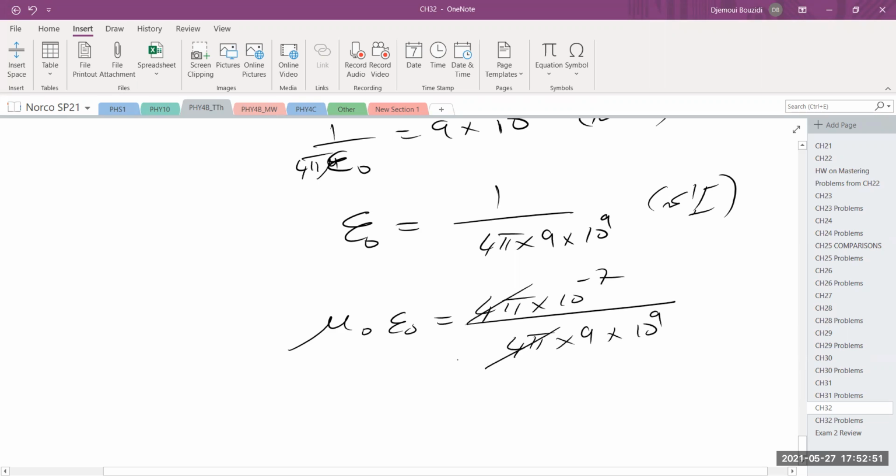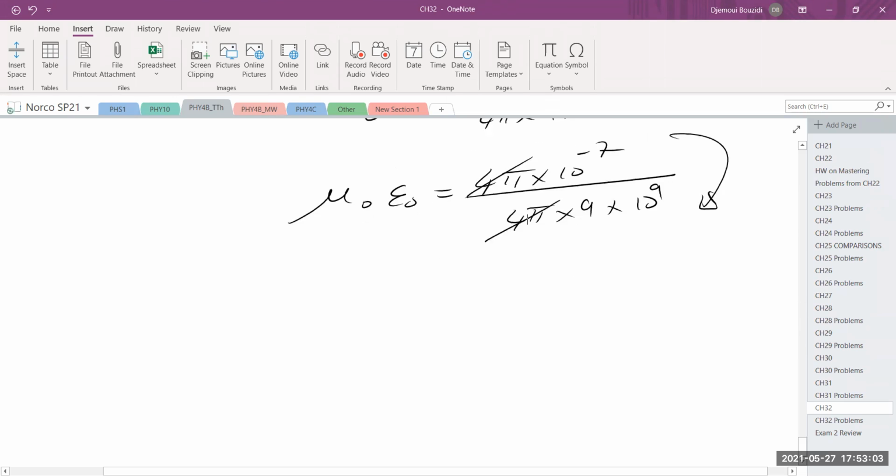The 4 pi's cancel. So if I bring this downstairs, 10 to the negative 7 becomes 10 to the positive 7. So the whole thing becomes 10 to the power 16. Remember, I need the square root of this number. So 1 over mu naught epsilon naught, you invert it one more time. It's going to be 9 times 10 to the power 16.